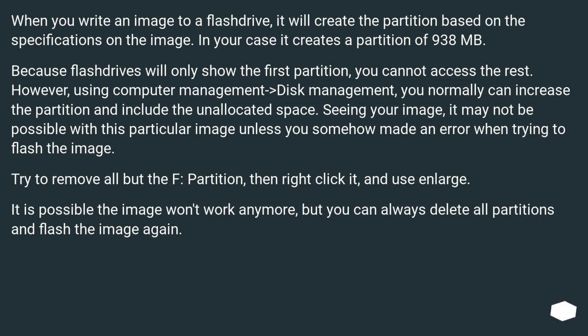Seeing your image, it may not be possible with this particular image unless you somehow made an error when trying to flash the image. Try to remove all but the F partition, then right-click it, and use Extend. It is possible the image won't work anymore, but you can always delete all partitions and flash the image again.